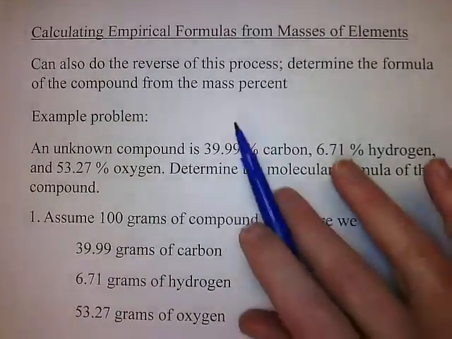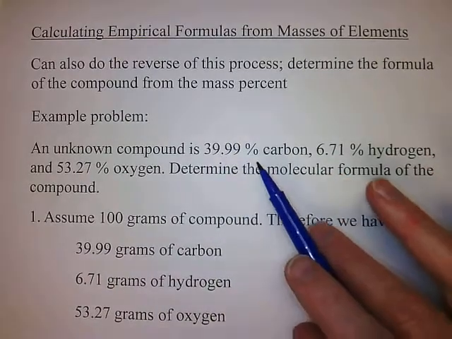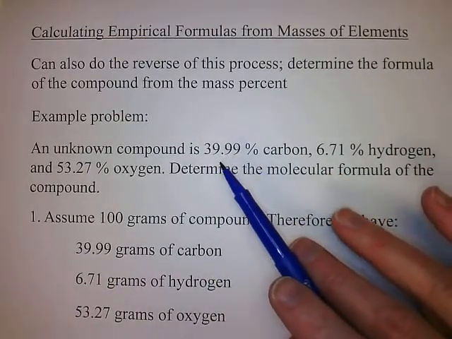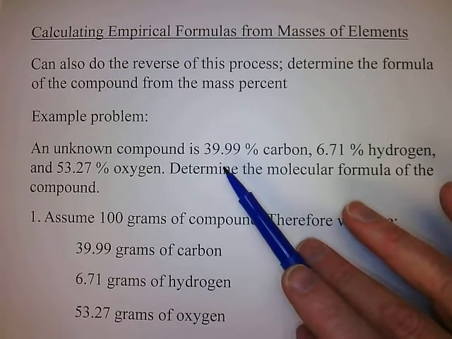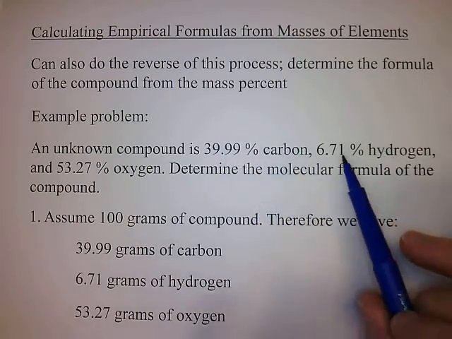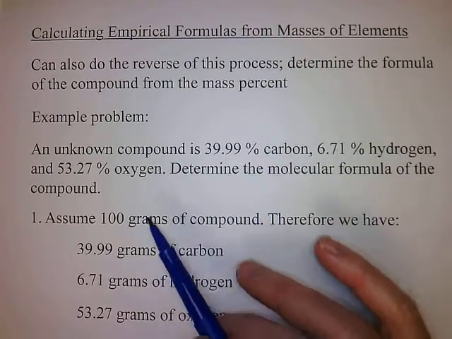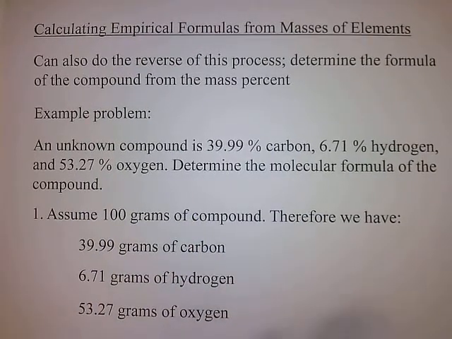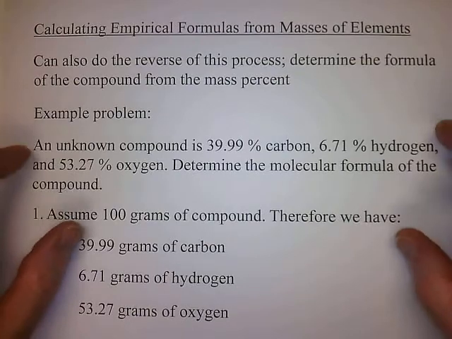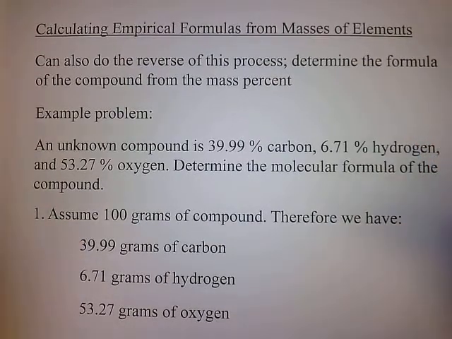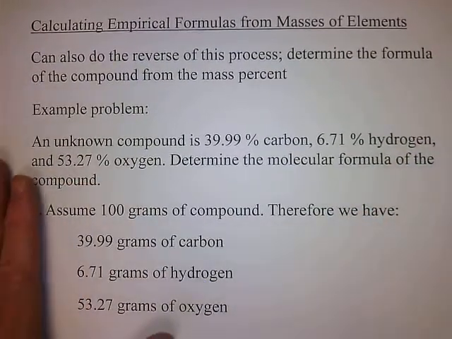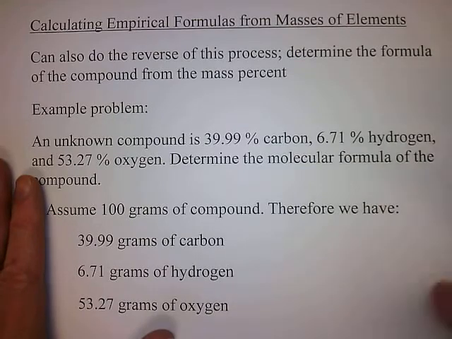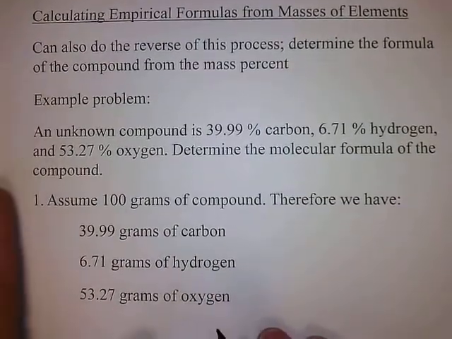So these are the numbers that we just used, our mass percents. So let's say your compound is 39.99% carbon, 6.7% hydrogen, and 53.27% oxygen, and we want to convert the mass percents back into a formula. Okay, so let's assume 100 grams of compound. That makes it easy because percentage is out of 100.